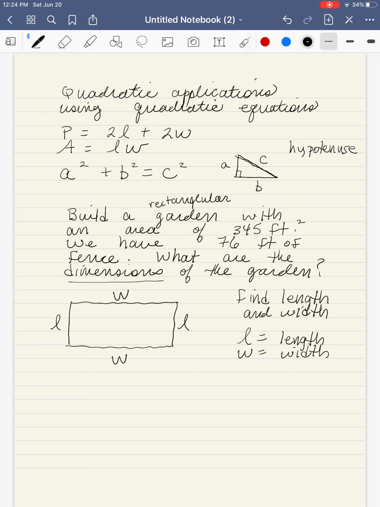So now we know what we're finding and we have a picture. Let's see how we can use the information in the problem to solve this word problem. We're given two pieces of information: an area of 345 feet squared, and 76 feet of fence.